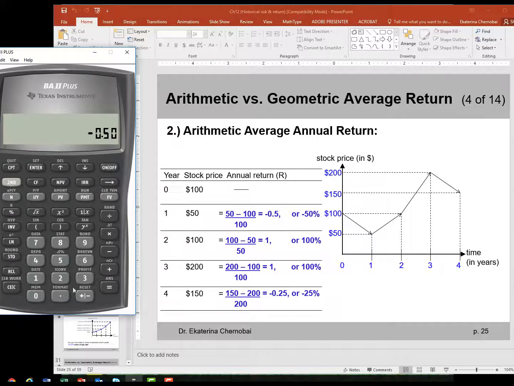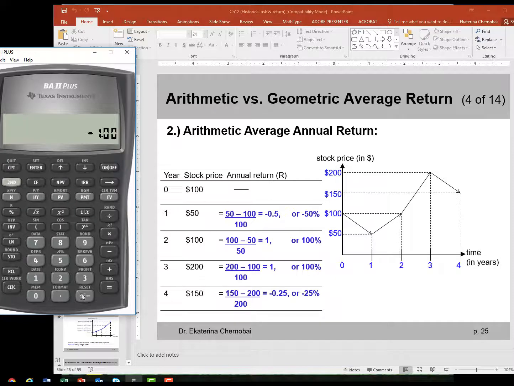Change it to negative, hit PV, 1 year later, so 1 N, with the return of 100%, so 100 IY, what will the future value be? Compute FV. We have $1, right? And that's what we had. We are going back to where we started at the end of year 2. Now repeat that 2 more times using the returns of 100 and minus 25% for the remaining 2 years. So I want to set this now to be my PV for the third time.